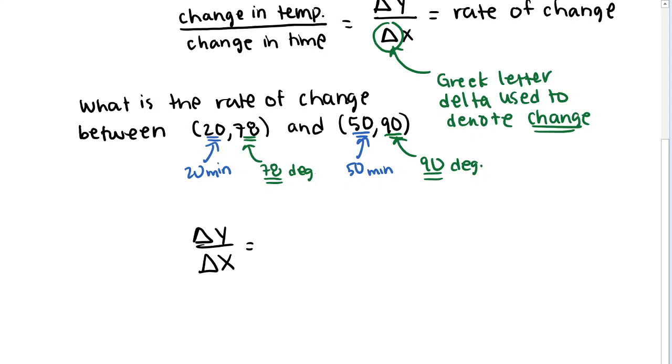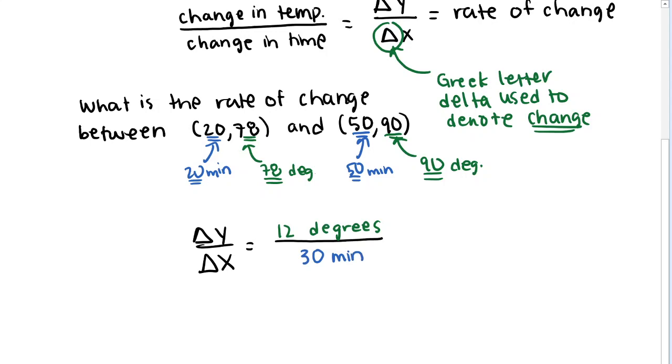Well, that's an increase of 12 degrees. And here, I like to write down the units because they really describe the situation quite well. And I really think once we get to our answer, it makes more sense when the units are involved. So 12 degrees. And then what's the change in x, delta x? Well, that's how much time passed to get from 20 minutes to 50 minutes. That's a change of 30 minutes.